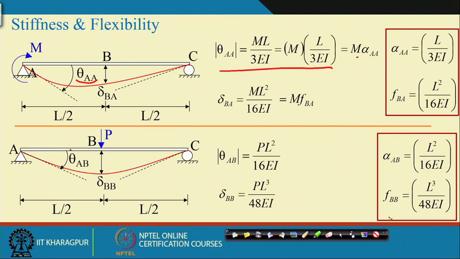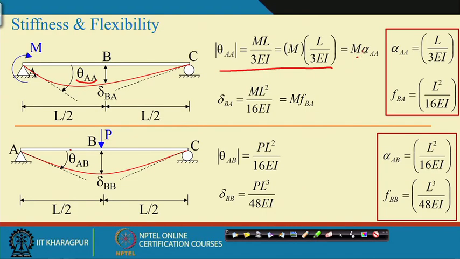Now, I am repeating this point again and again because it is very important to keep in mind that whenever we talk about flexibility and stiffness, it is always associated with a pair, a force and a displacement. Depending on which force and which displacement we take, we have different flexibility and stiffness coefficients.